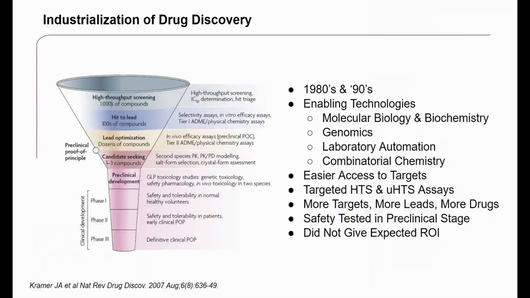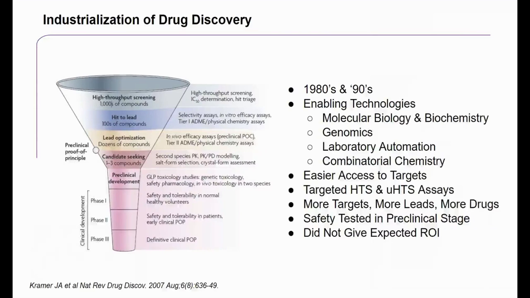And this allowed people to do a lot more advanced studies on disease processes and allowed for the identification of new drug targets. It also allowed for the development of very specific assays, biochemical assays, for these drug targets.